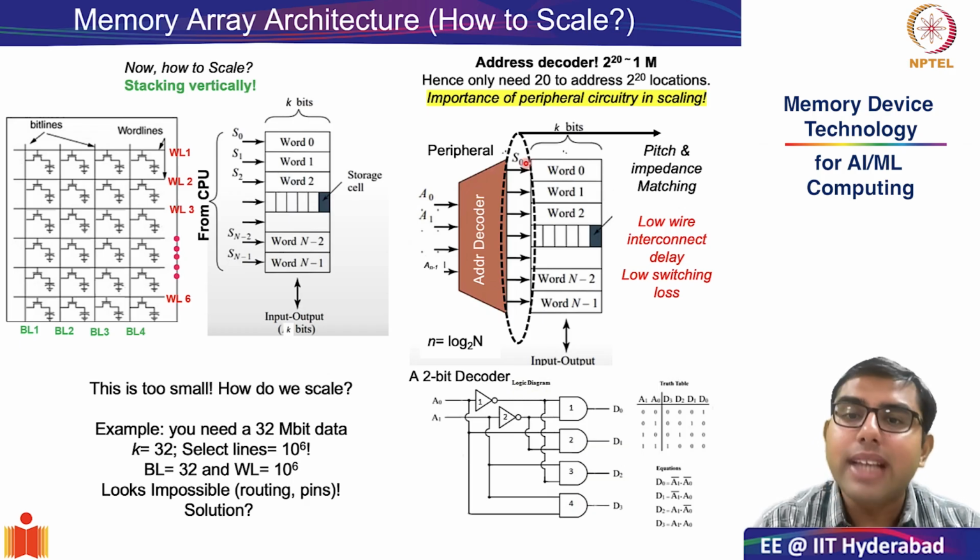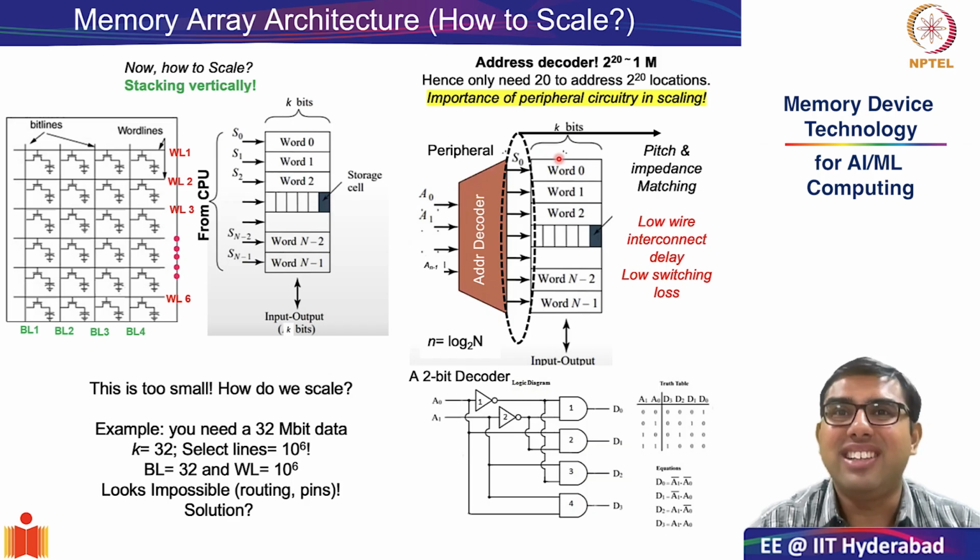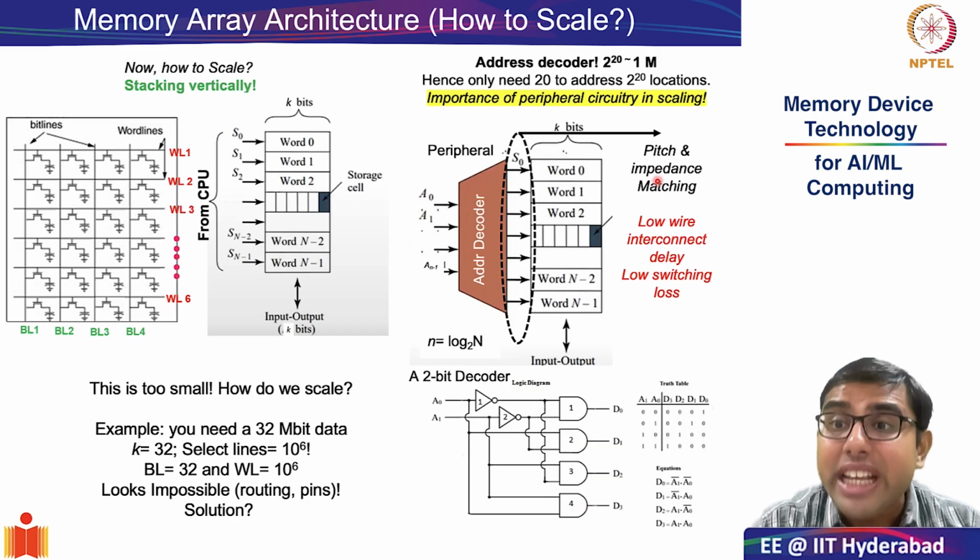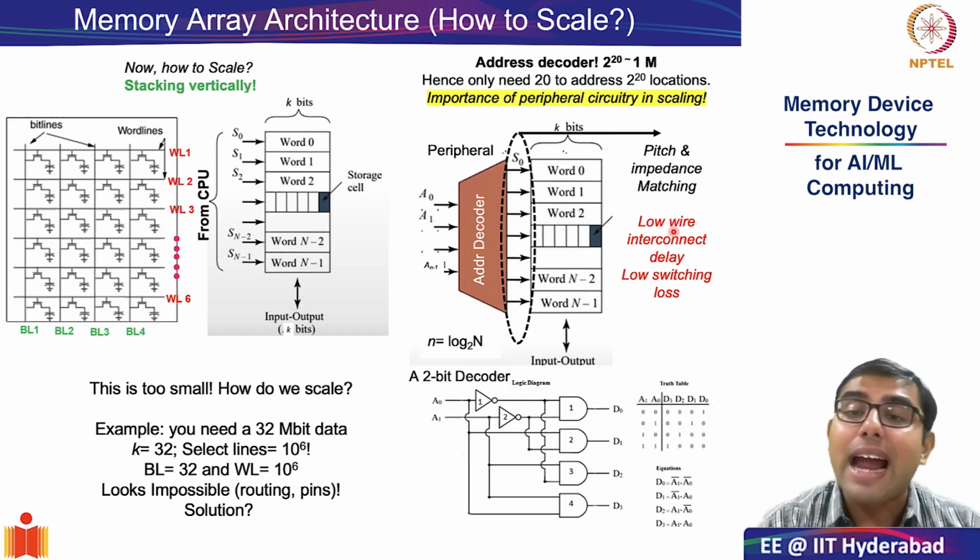So when you design these memory peripherals, a few important points, such as the pitch between the select line of the address decoder and the word line of your memory array, need to be matched both in size and in impedance. Otherwise, there can be a lot of switching losses and interconnect related delays.